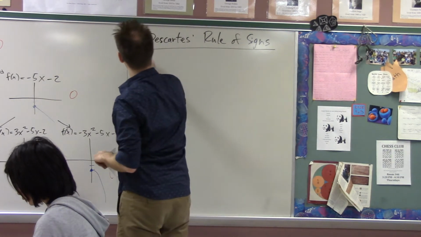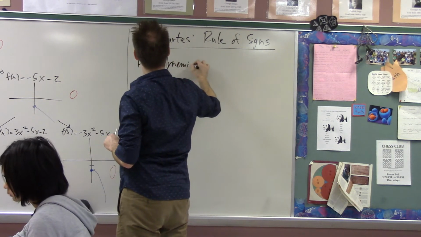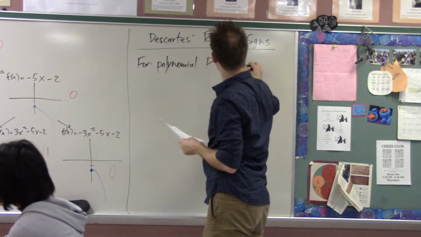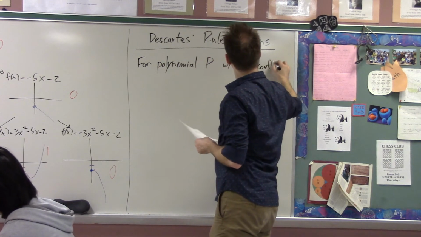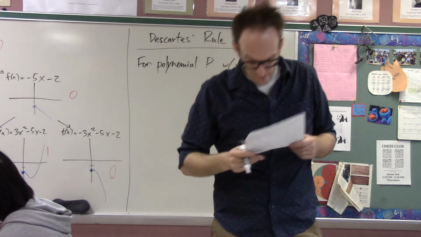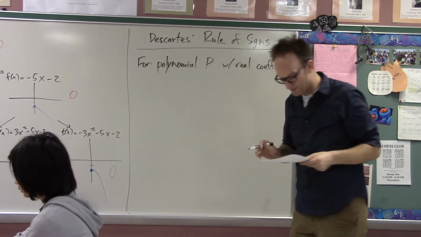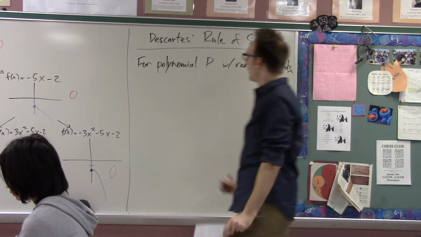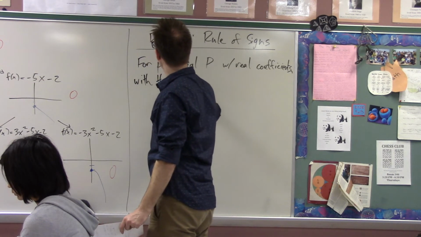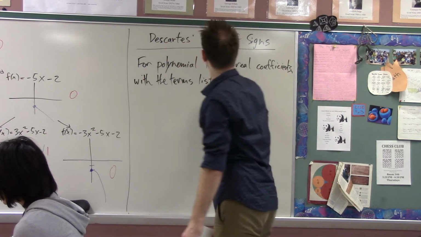Here's what it says. For a polynomial p with real coefficients, in other words, the only kind of polynomials we care about, with the terms listed in descending order of degree.